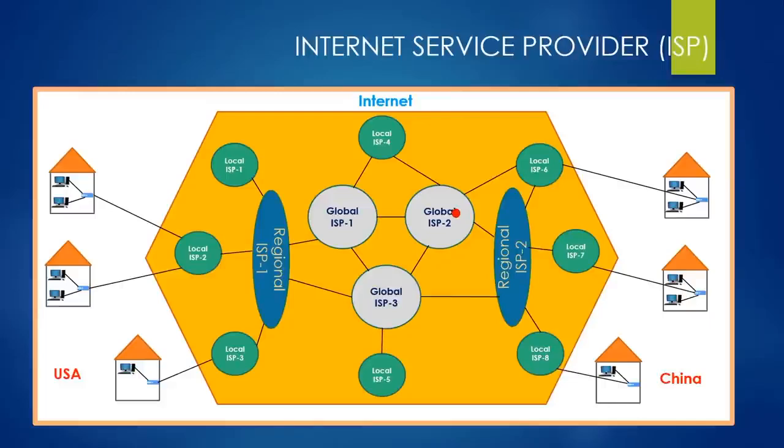You should also have noticed a situation here. If the destination of the packet was this home, the packet could reach its destination directly over local ISP6 without going over regional ISP2. This means that some local ISPs can directly connect with global ISPs without a regional ISP. This is very important. As you know, local ISPs represent small companies, and in some cases, these small companies may want a direct connection with a global ISP to provide a faster internet experience to their customers.